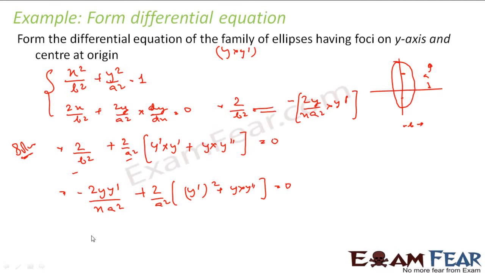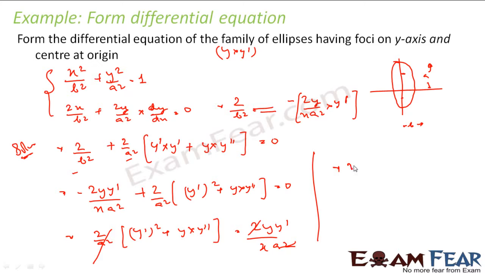So in this case, I get 2 by a square into y dash square plus y into y double dash is equal to 2y y dash by x a square. 2 by a square is common here. So what you get now, x you have here, you put this guy this side, x into y dash square plus y double dash is equal to y dash, or this minus this equal to 0. That is my answer.